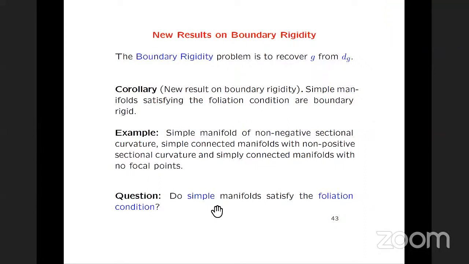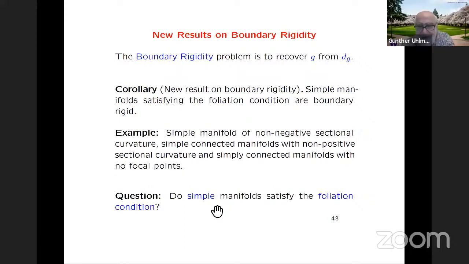And I don't know the answer, and I have asked the question to many geometers. As far as I know, there are no counterexamples to this, nor any proofs. So anybody who has an idea of how to do this, it is a geometric question, whether simple manifolds satisfy the foliation. This is certainly true in 2 dimensions, but here the issue is in dimension 3 or higher.